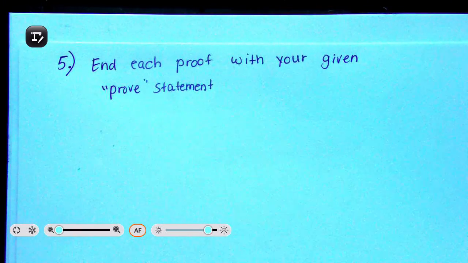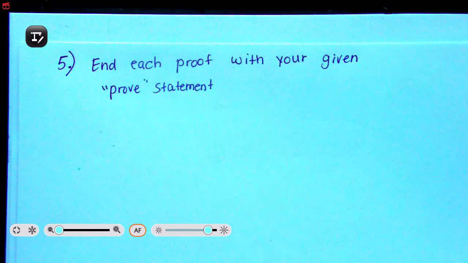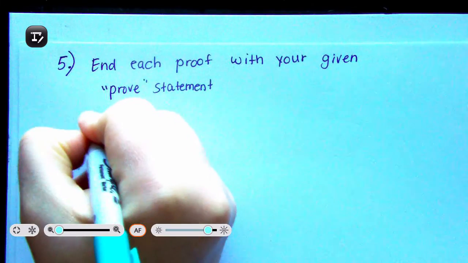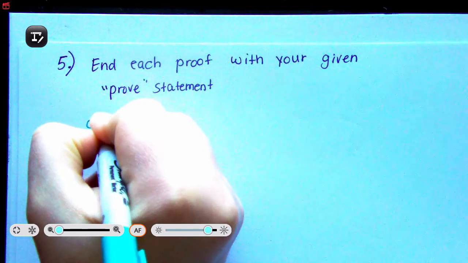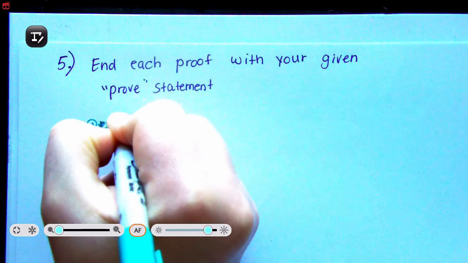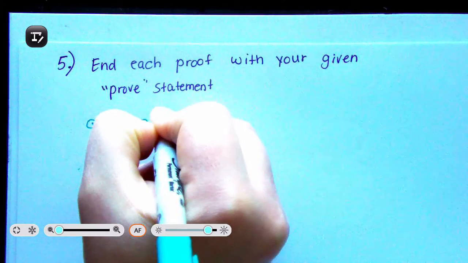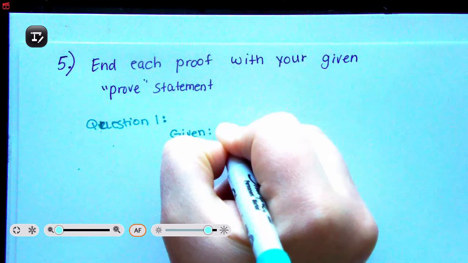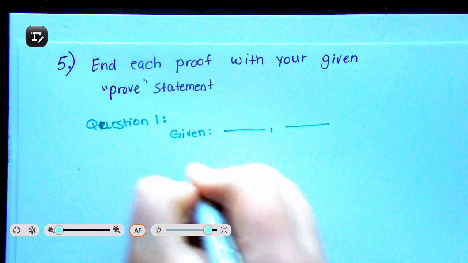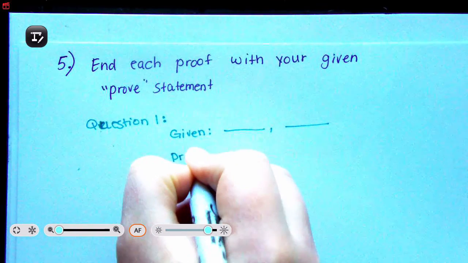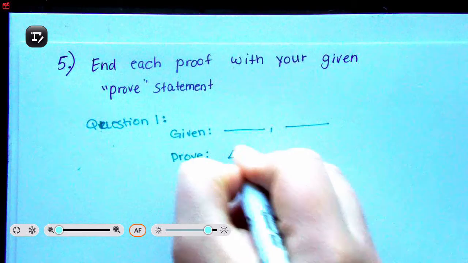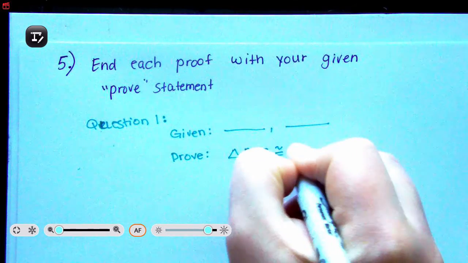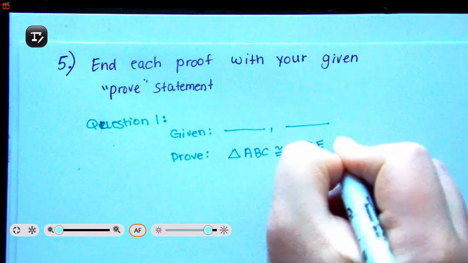So in a question, you're going to see this. Let's do question number 1. You're going to see given, and you're going to see something, comma, something, and then you're going to see proof. And you're going to see proof triangle ABC is congruent to triangle DEF.